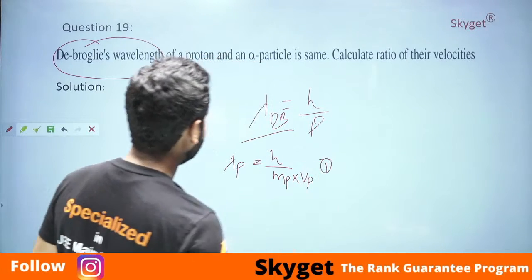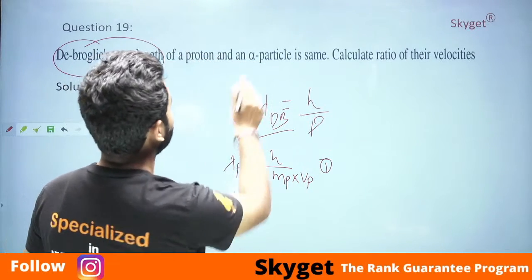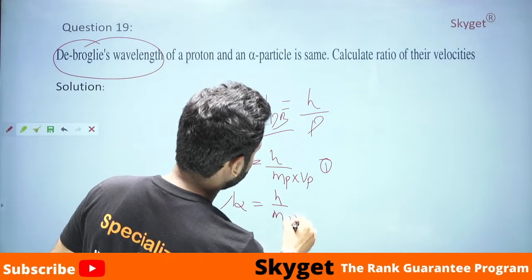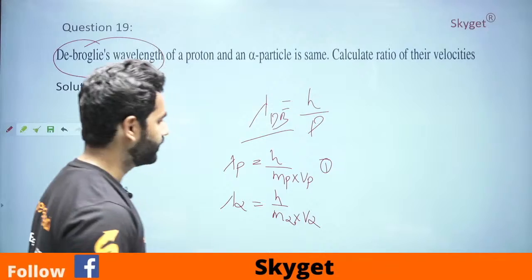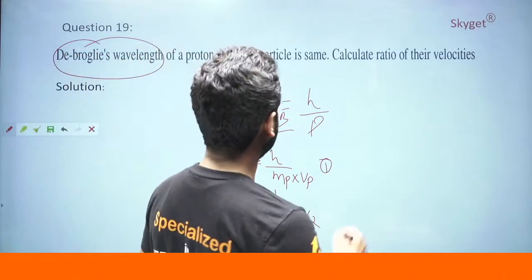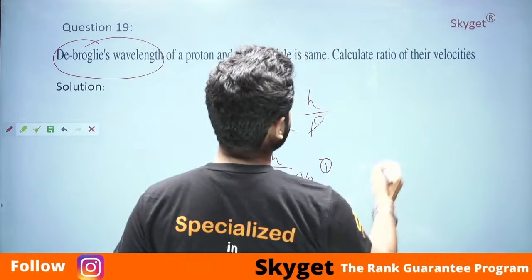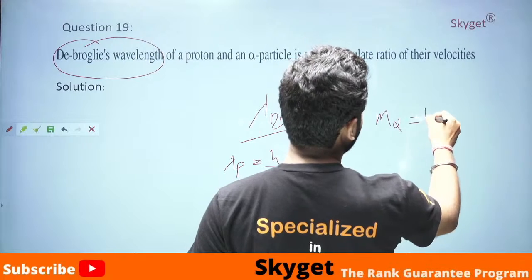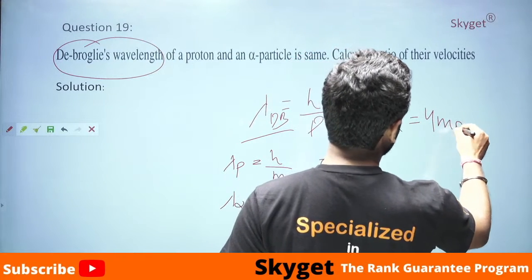Second, lambda of alpha particle is equal to h upon mass of alpha particle into velocity of alpha particle. Now we know a concept also. It's a very simple thing. Mass of alpha particle is equal to 4 times mass of proton.